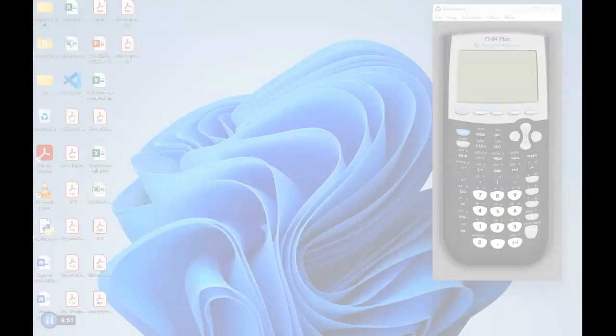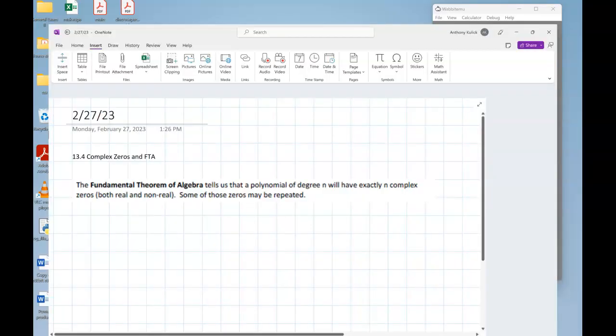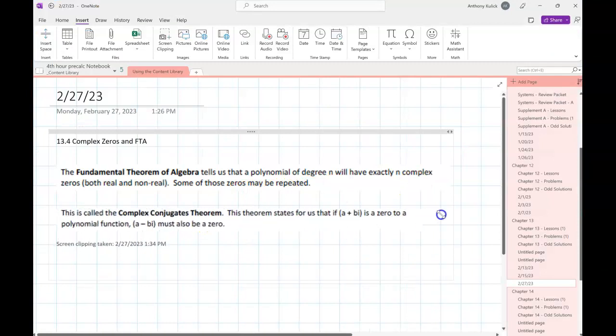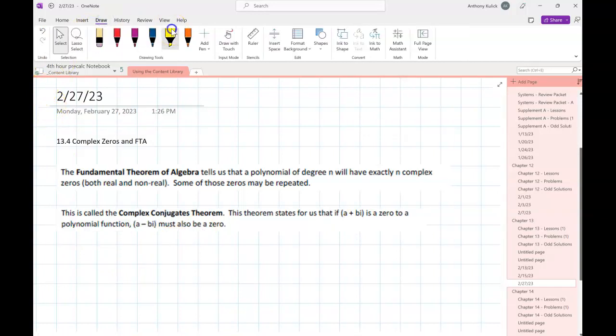The next piece that we have, since we can start having these complex zeros, is the complex conjugates theorem. It says that if I have some complex solution, a plus bi, I also need to have the complex solution a minus bi.